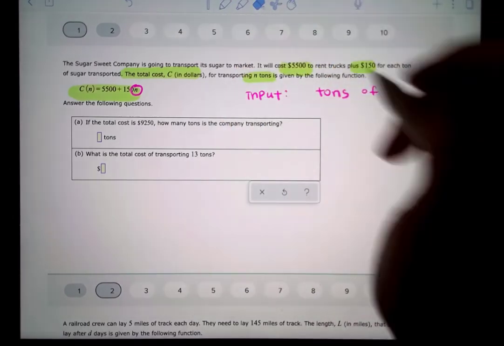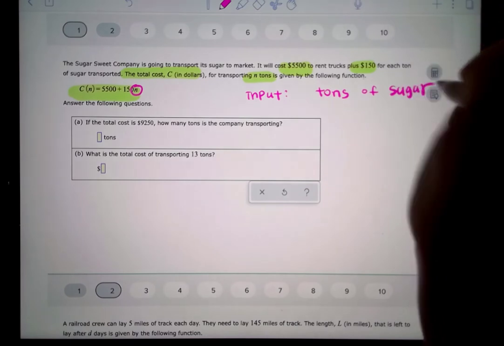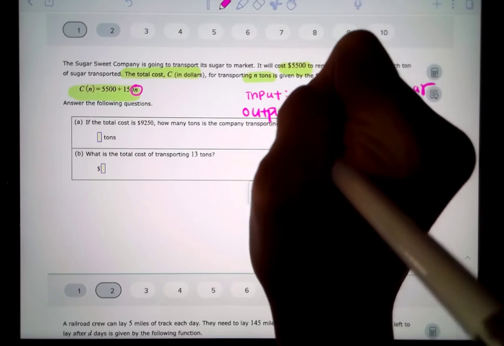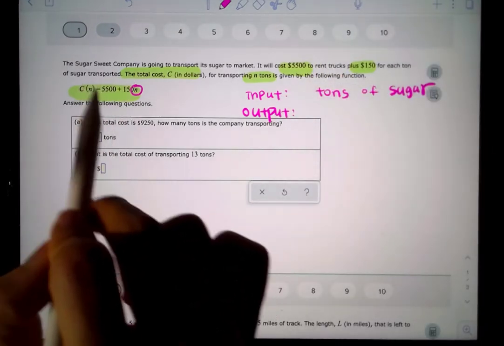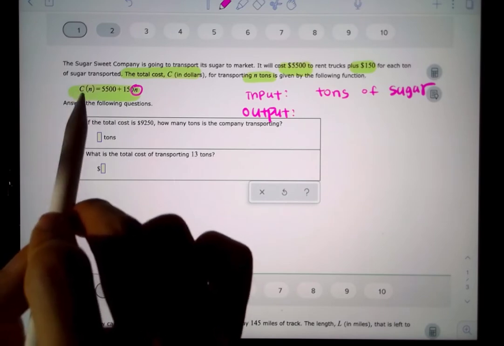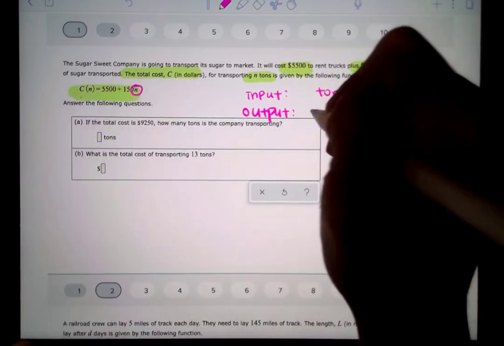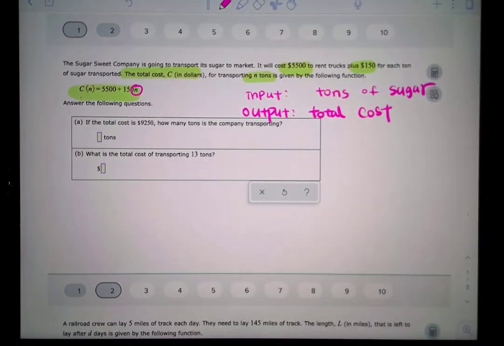Let's get rid of this N. And then your output. You put in tons of sugar, then what do you get at the end? Your final number represents the total cost. So that's your output.